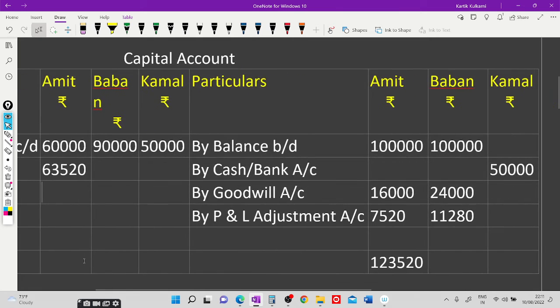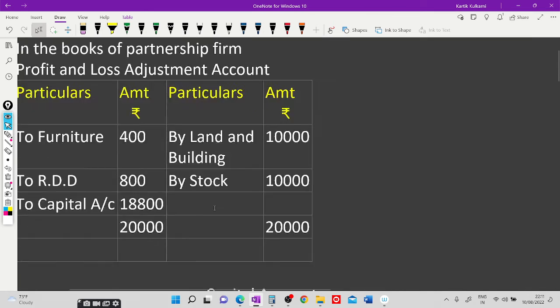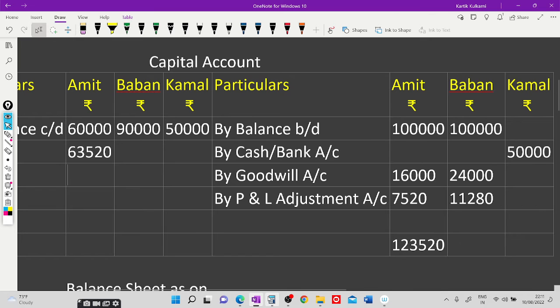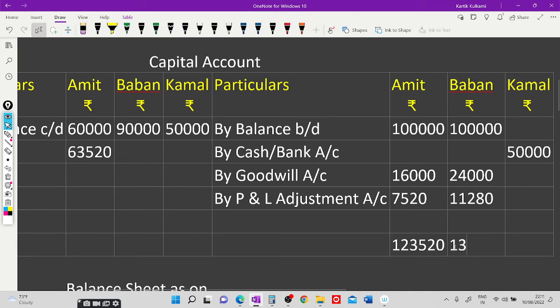In the same way, let's calculate the credit total of Bhaban. So 1 lakh plus 24,000 plus 11,280 is 135,280. The debit total of Bhaban is only 90,000.